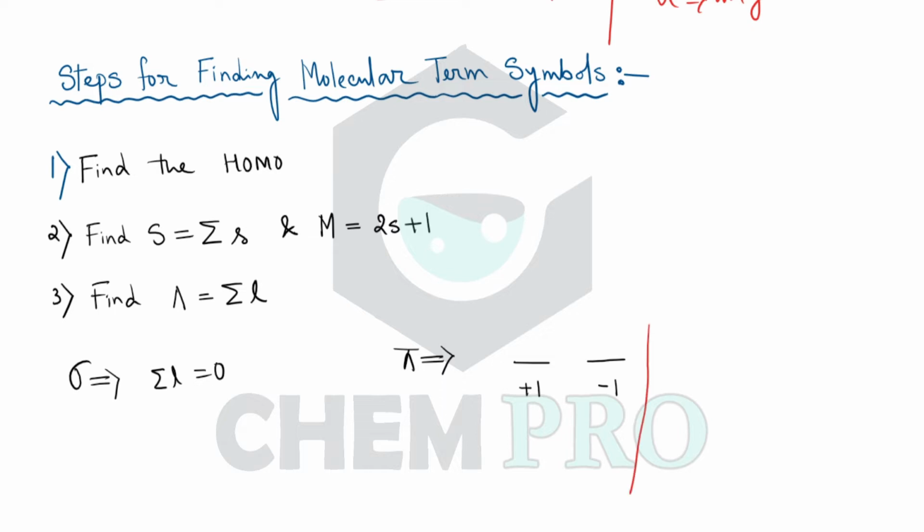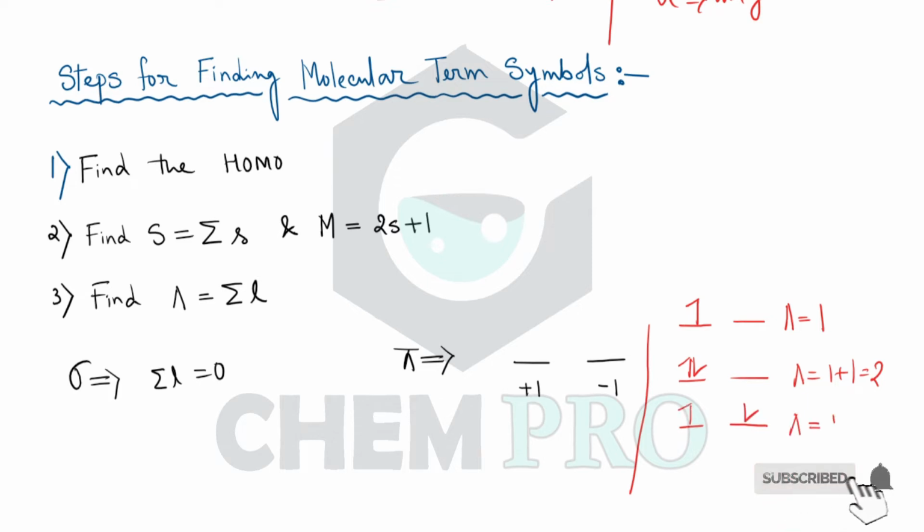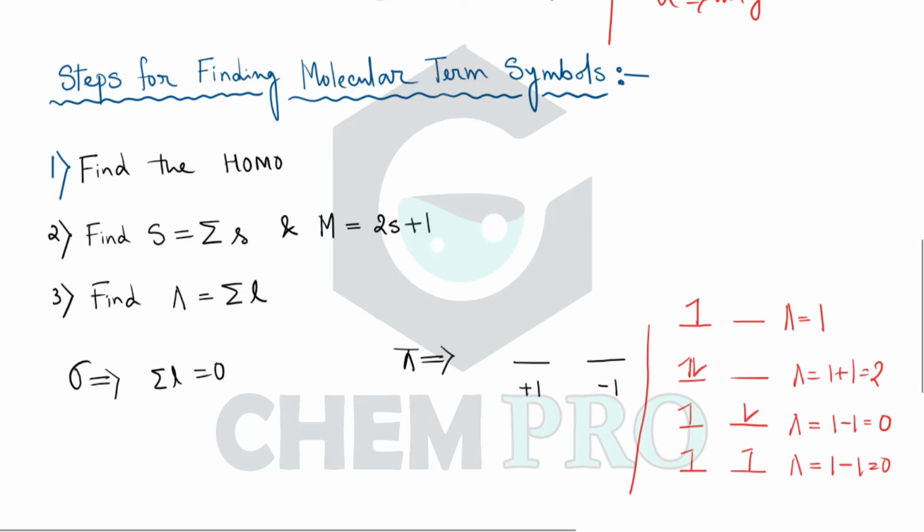If the electron is like this, that is, here one electron and there is no electron, then lambda will be 1, and if the electrons fill like this, then lambda will be 1 plus 1 equal to 2, and when the electrons are like this and this, then total lambda will be 1 minus 1 equal to 0, and for this it will also be 0, 1 minus 1 equal to 0, because the value for these pi orbitals is plus 1 and for these orbitals it is minus 1.